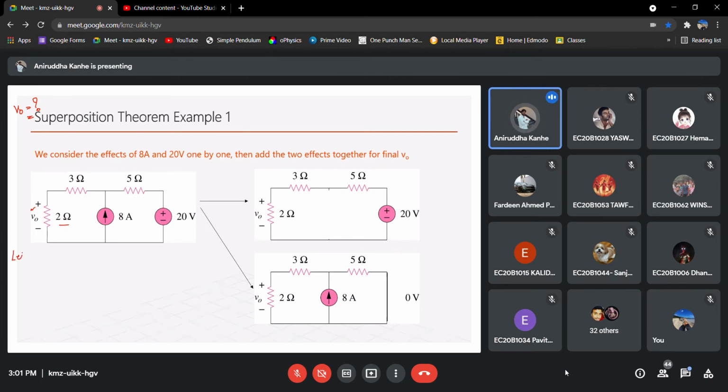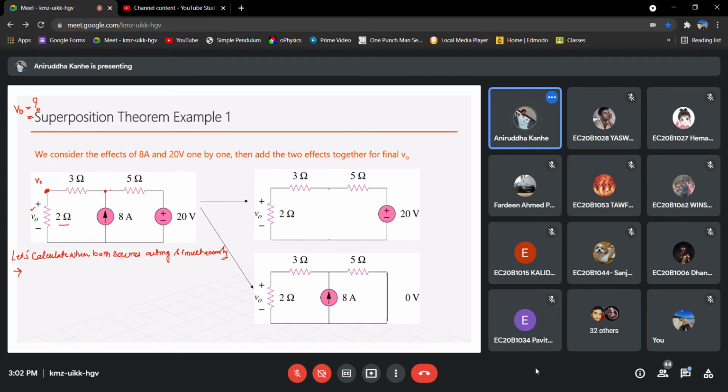So let's find out when both sources are acting simultaneously. Maybe you can apply nodal analysis. This is V0. You can consider this node also, or you can think of merging these two and then consider.